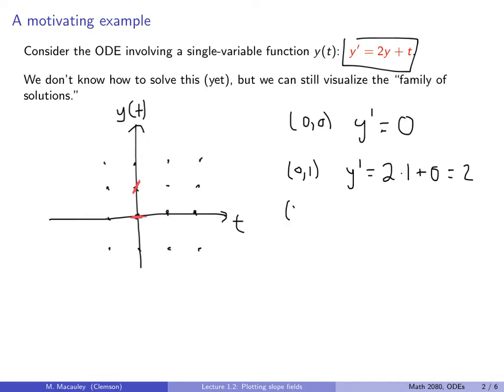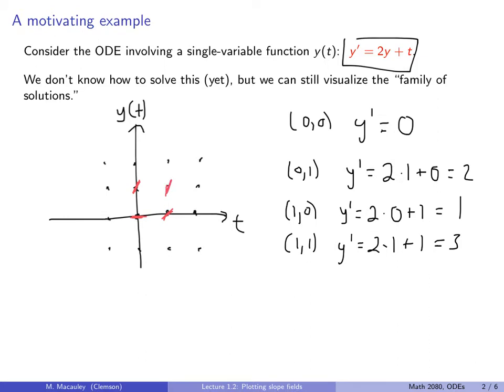At 1, 0, y prime equals 2y plus t, so that's 2 times 0 plus 1, which is 1. So at the point 1, 0, which is right here, I'm going to draw a tick mark of slope 1. Let's do one more of these. So at 1, 1, y prime is 2 times y, 2 times 1, plus t, and that's equal to 3. So at the point 1, 1, I'm going to draw a tick mark of slope 3.